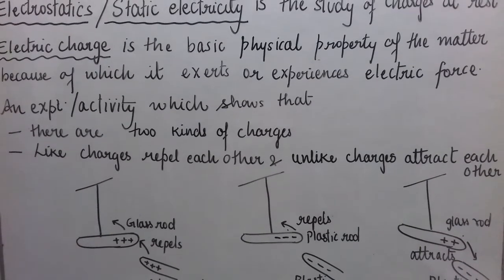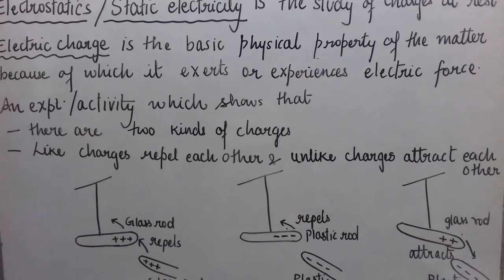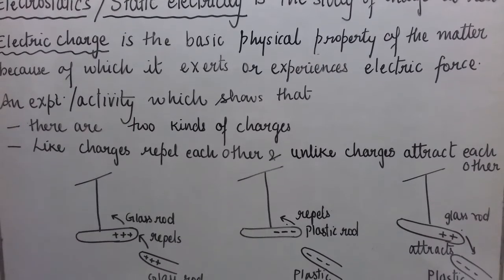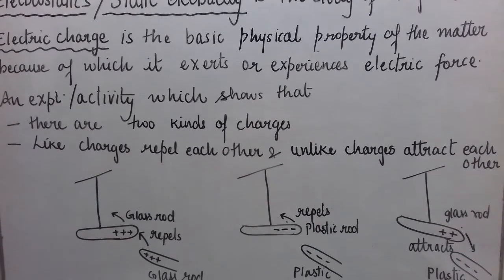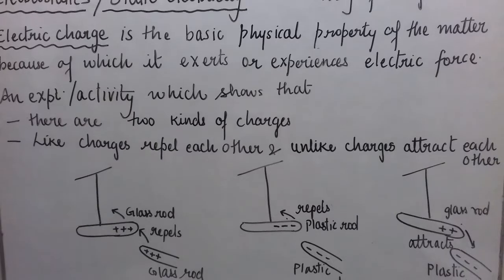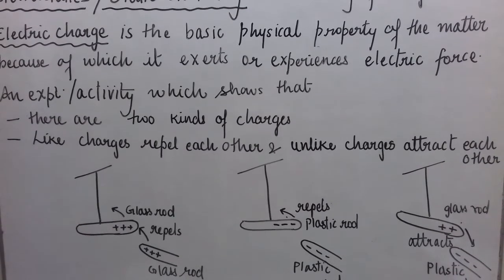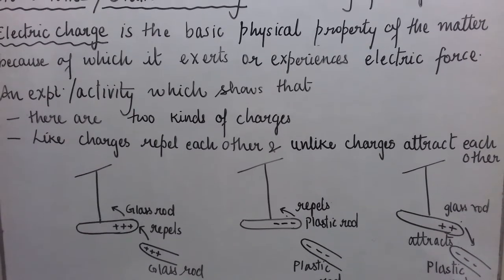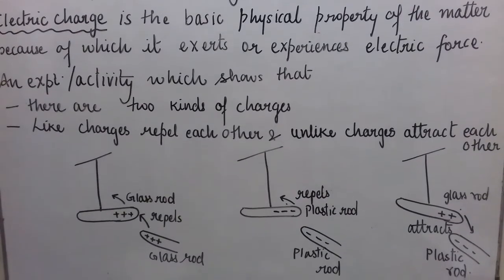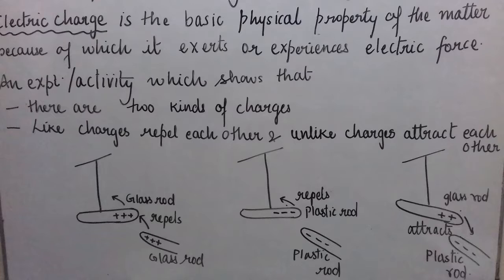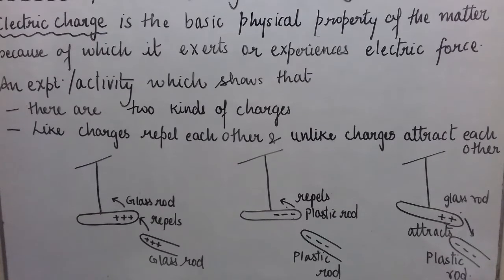This property of attracting light bits of paper after being rubbed with some material was first found by Thales of Miletus in Greece. He discovered that amber, when rubbed with wool or silk cloth, attracted light objects like straw or bits of paper. Amber in Latin is called electrum.